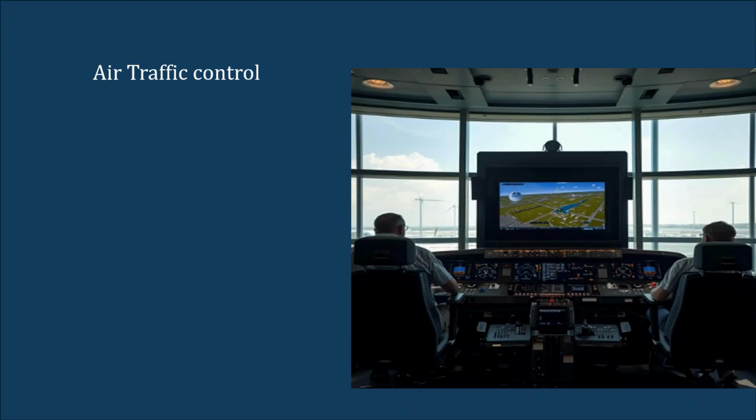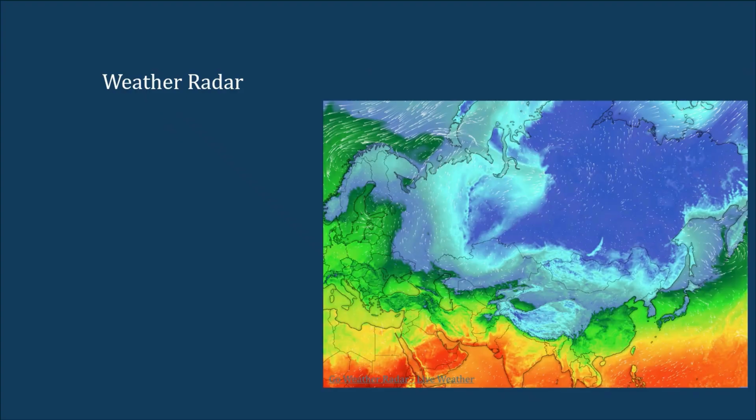Let's see some of the main applications of radar. One of the main applications is air traffic control. You may have seen this type of setup in airports. The main purpose of this setup is to prevent collisions and to organize and expedite the flow of air traffic. They can see which aircraft are coming to their airport, and they can direct and redirect the aircraft to avoid collisions.